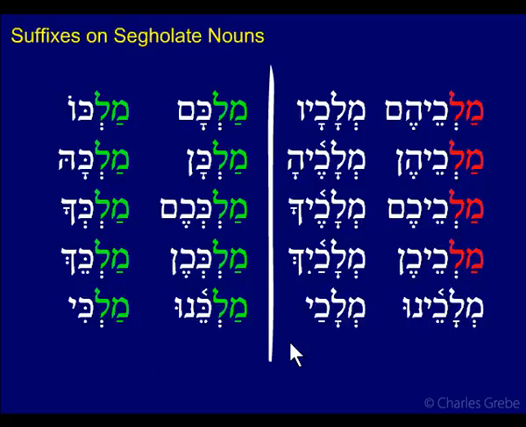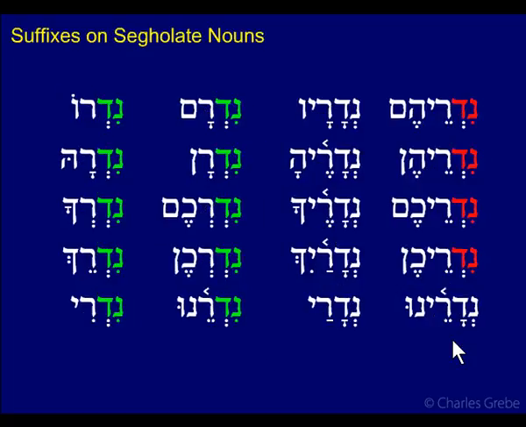When you add the pronominal suffixes to the plurals of Segholates, you only see the original historical vowel in the heavy suffixes, when you add these hem, hen, chem, chen suffixes here. The rest of these you have propretonic reduction, it goes to a shva. You don't see it. So that's melech.